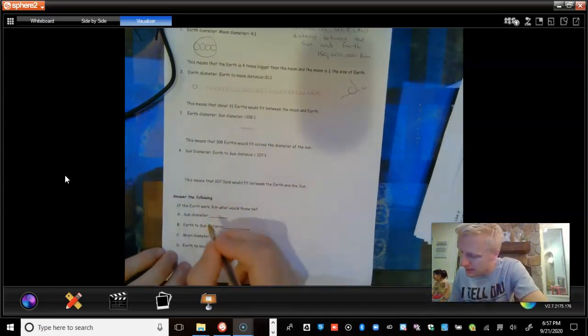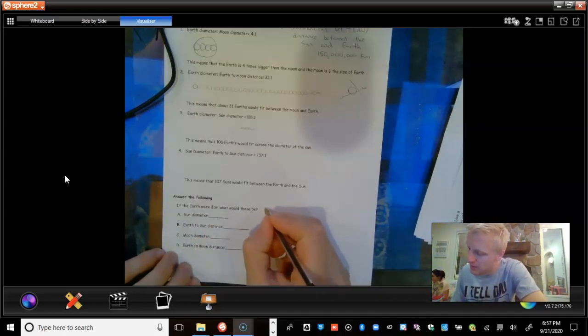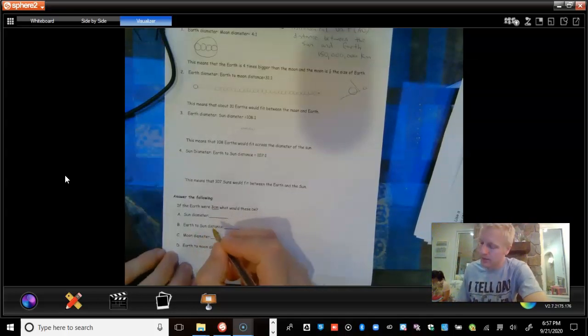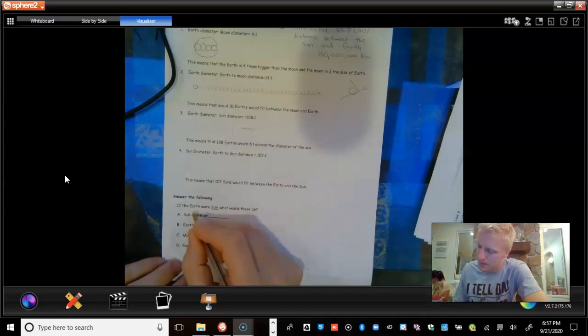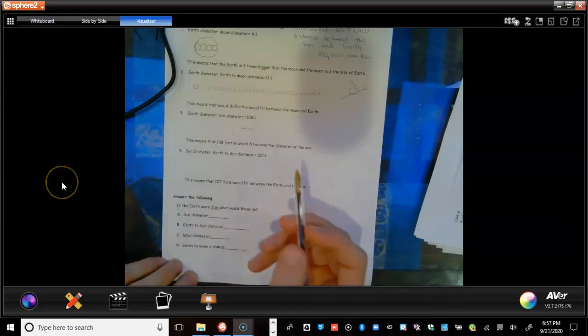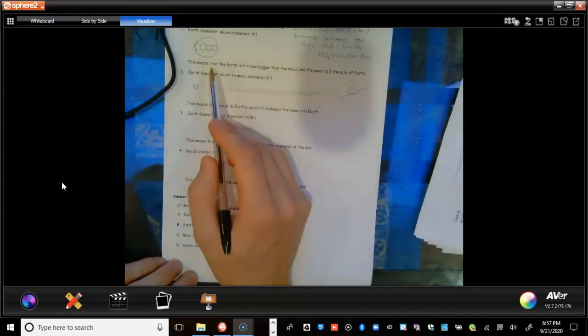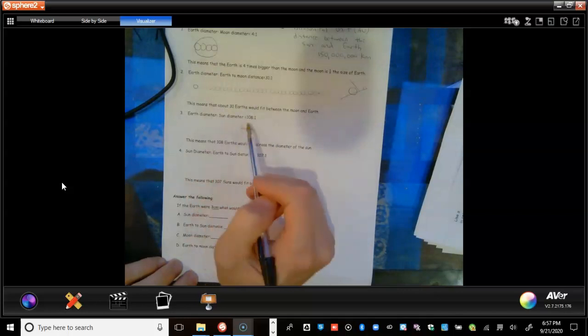All right. If the Earth were 3 centimeters, what would these be? So let's say we got 3 centimeters. Okay, so the sun diameter, well, Earth is 3, so sun diameter. There's 1. It takes 108 Earths.